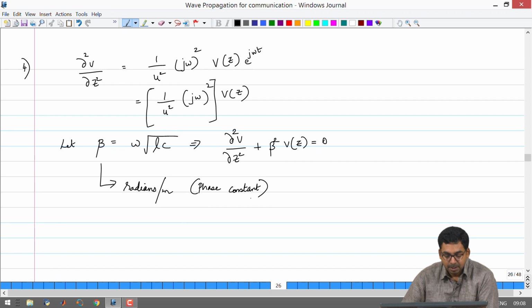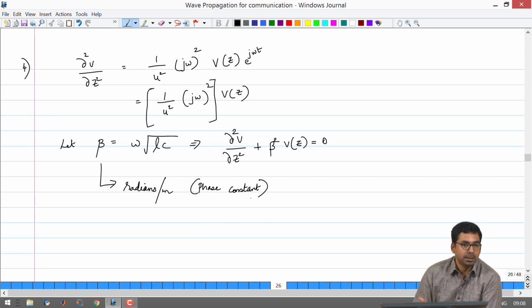When the solution, which is going to be a wave, is traveling in space, the amount of phase it accumulates can be calculated by taking the value of β and multiplying it with the distance it has traveled. So, the amount of phase is given by the phase constant.